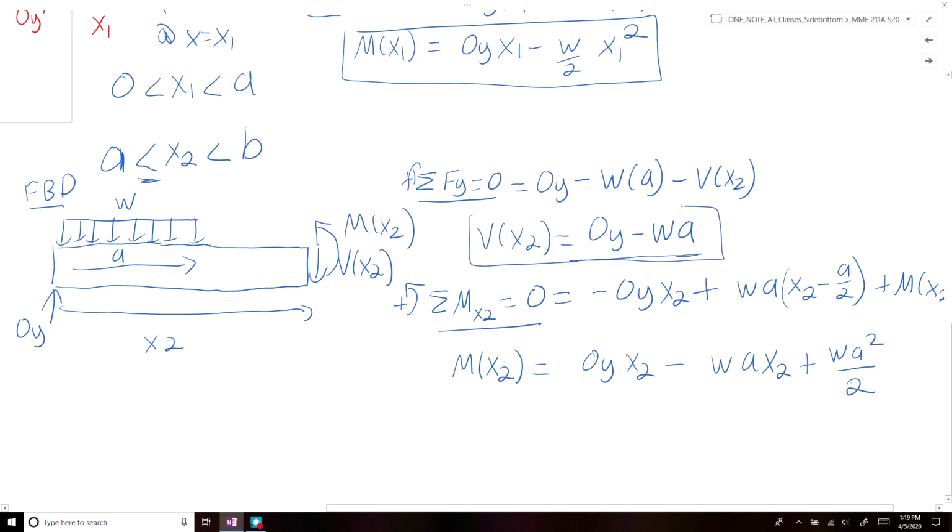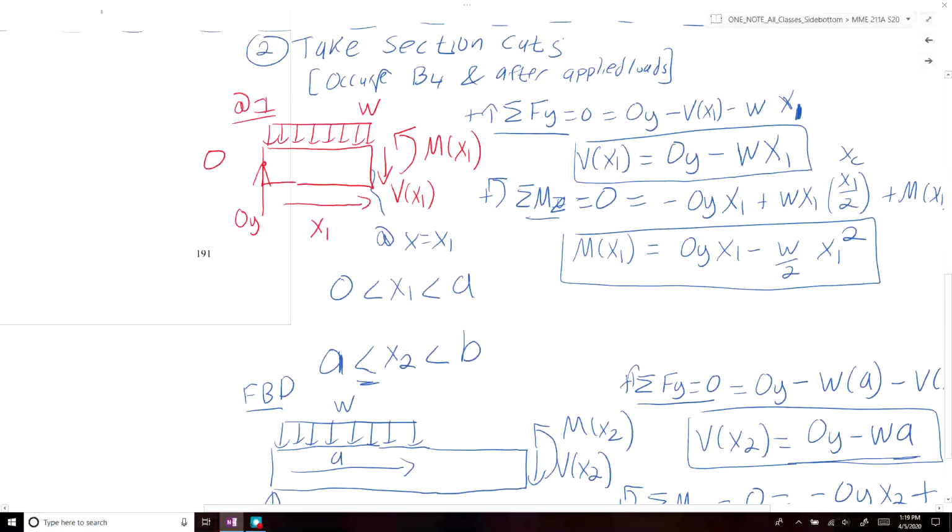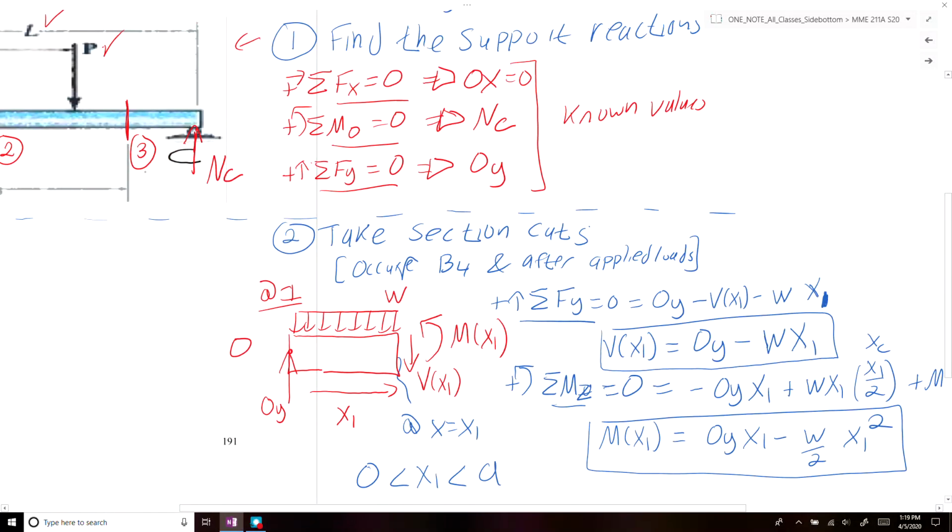Alright, so that's our second section. Alright, and then our last section cut, number 3.